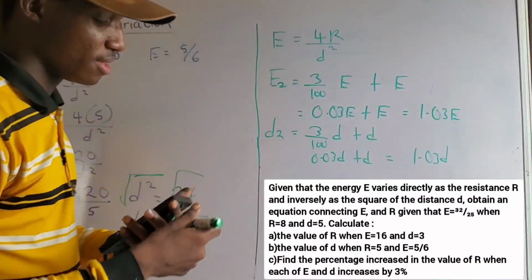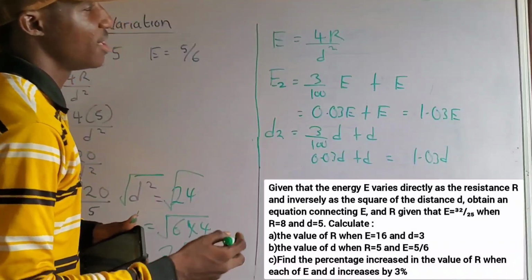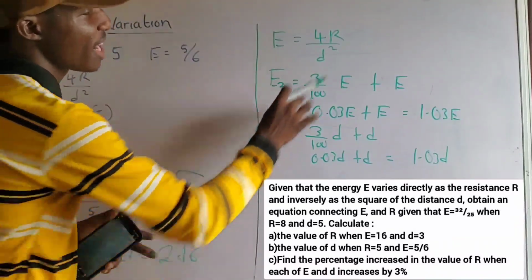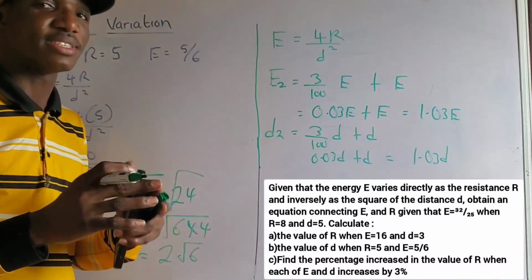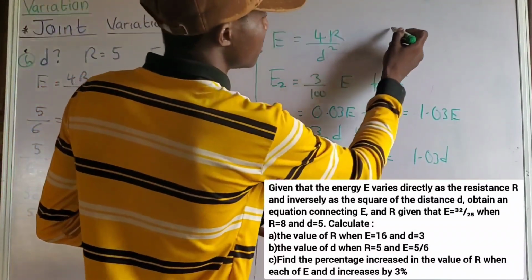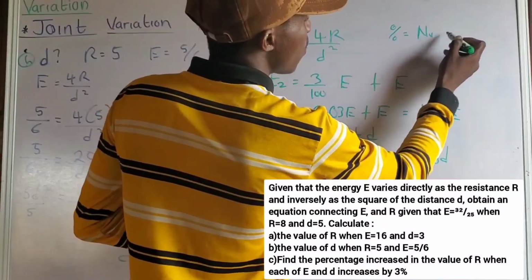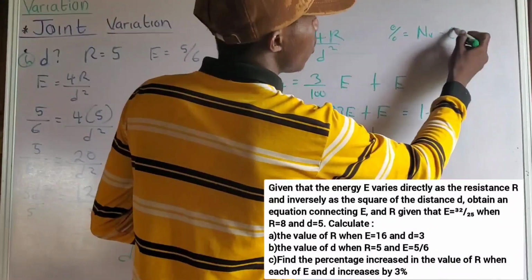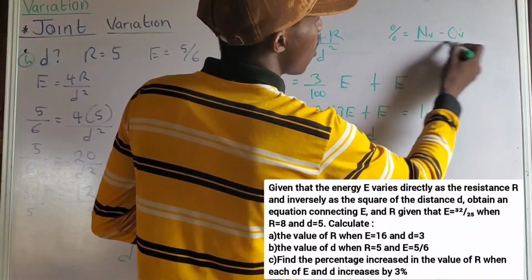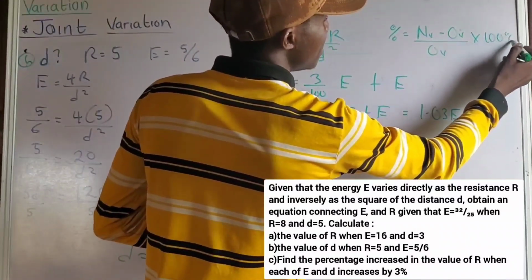Now, the next step is to make R the subject. Don't forget that it is the increment of R that we are looking for. And percentage increase is equal to the new value of the variable minus the old value of the variable, all over the old value of the variable, multiplied by 100%. That is the percentage increase.